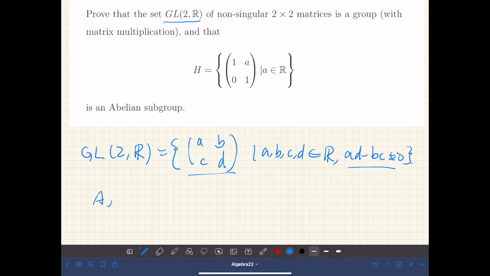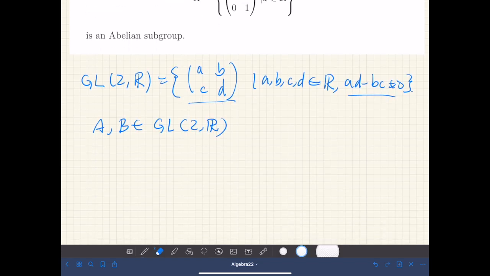First of all, if A and B are elements of this set, then AB is a 2 by 2 real matrix.